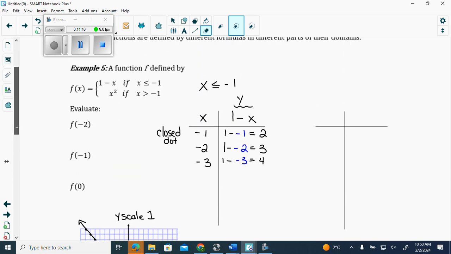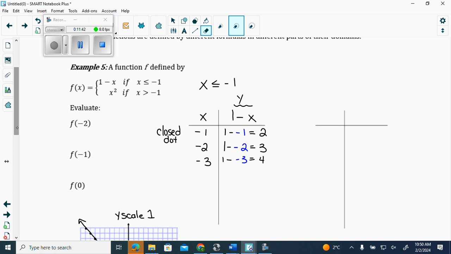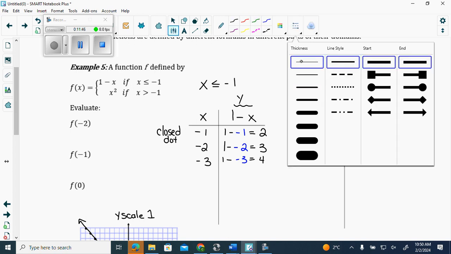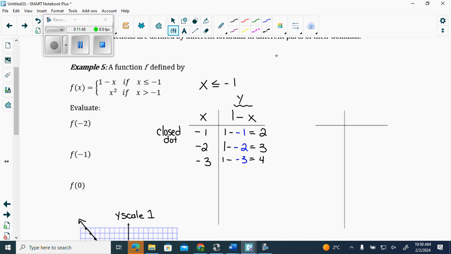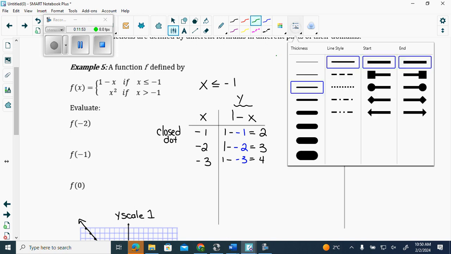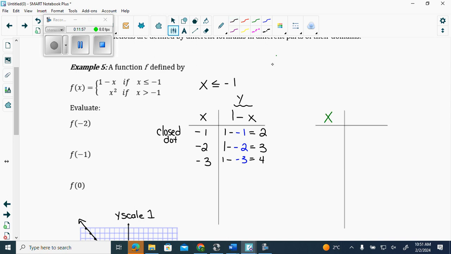Okay, our next one is the graph of y equals x squared. So our y is x squared, and our domain is x is greater than -1.